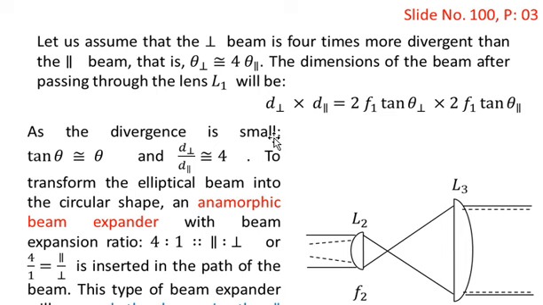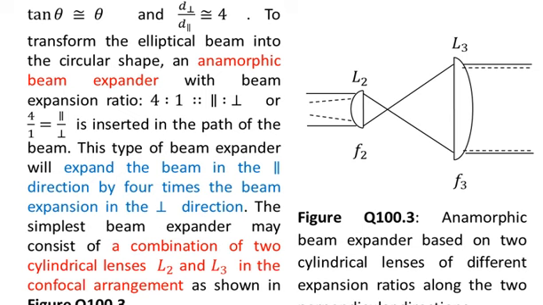As the divergence is small, we can write that tan of theta is approximately equal to theta, and the ratio of D perpendicular to D parallel is of the order of 4. To transform the elliptical beam into the circular shape, an anamorphic beam expander with a beam expansion ratio of 4 to 1, the same as parallel to perpendicular, is inserted in the path of the beam.